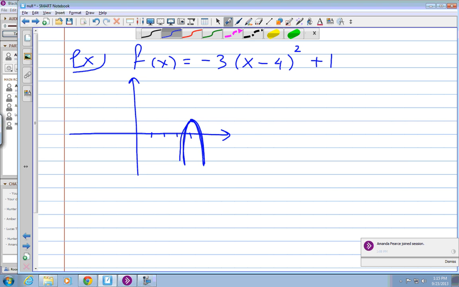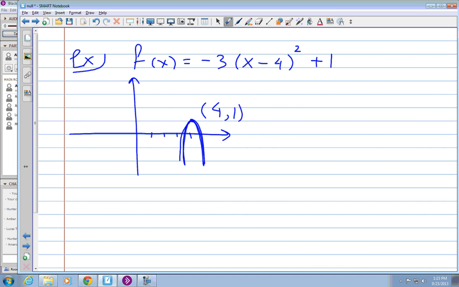Well, do we know the vertex of that parabola? Yeah, 4, 1, right? If a quadratic function is expressed in that form, our job is really simple. We see the vertex just by playing with transformations. So clearly this function has a maximum value. What is the highest value this function can achieve? So you look at the y-axis, 1, right?